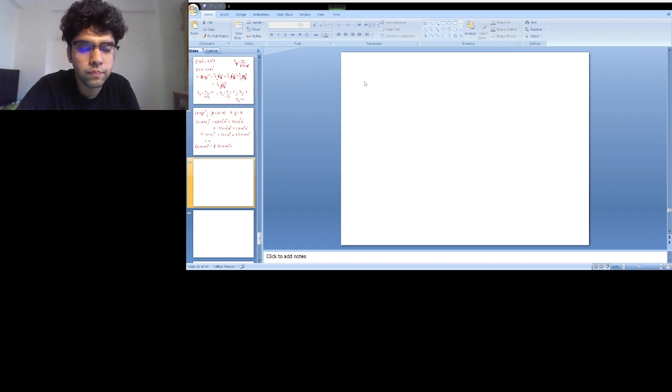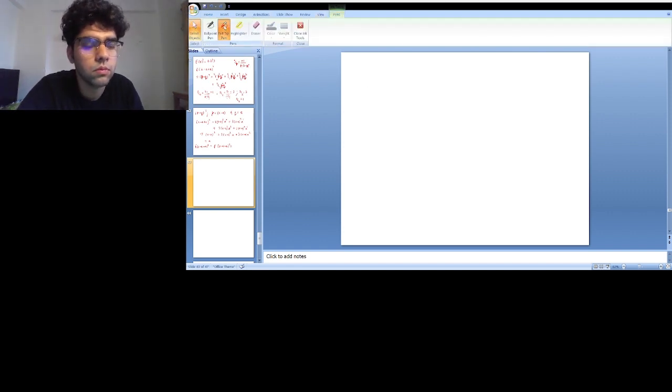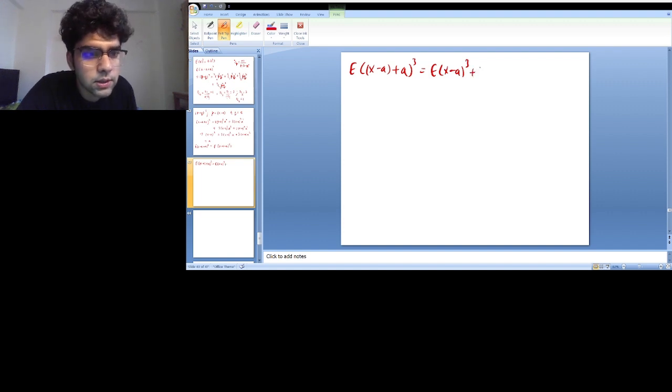So this gives me E of (x minus a) cube plus 3 times E of (x minus a) square, and I have a here, so a comes outside from the expectation operator, and I have 3 times again E of (x minus a) to the power 1 and a square comes outside.